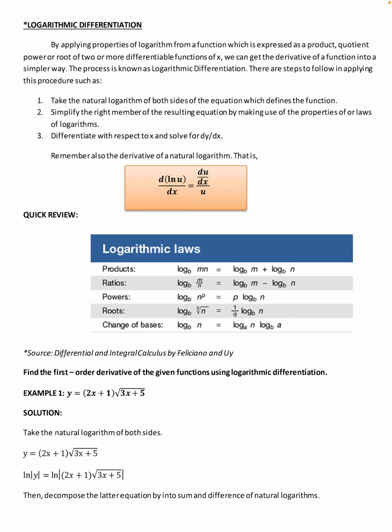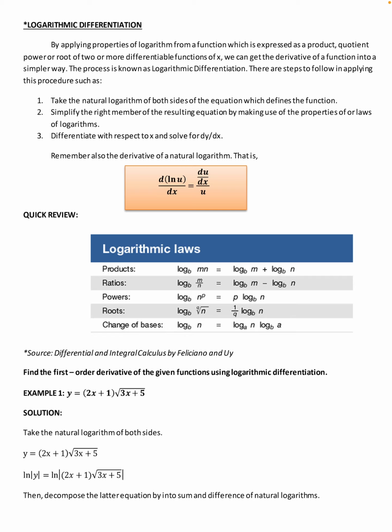So we have the product law, ratios. A product becomes a sum, a ratio becomes a difference, a power's exponent becomes a coefficient, and the same is true with roots written as fractions. Then change of bases.